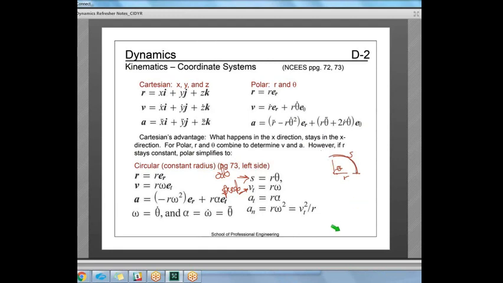And if we've traveled all the way around the circle, then we've covered the circumference.